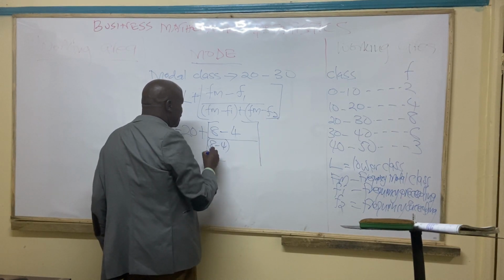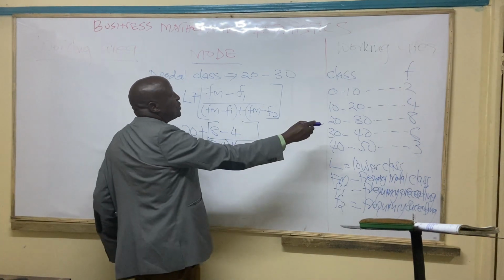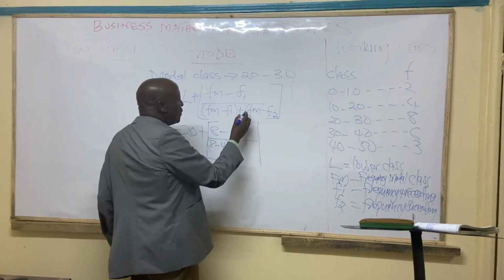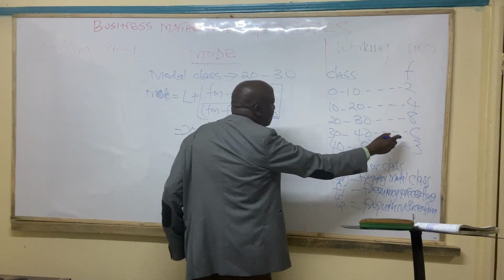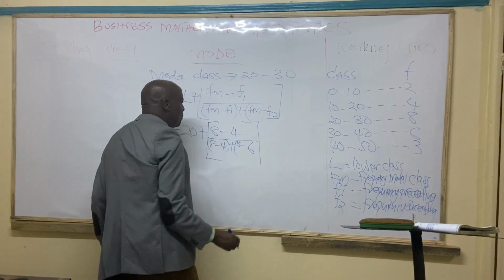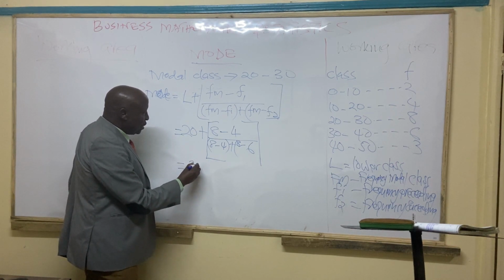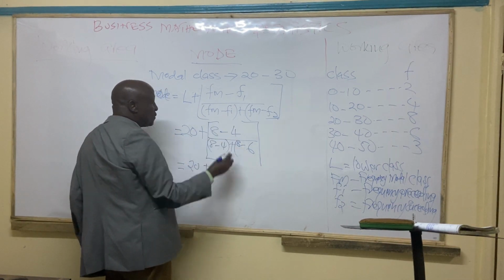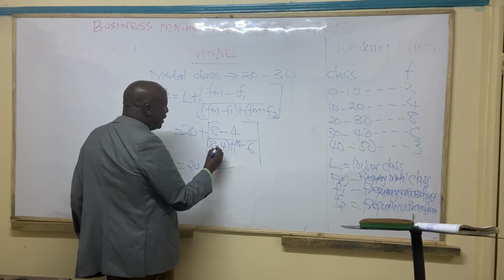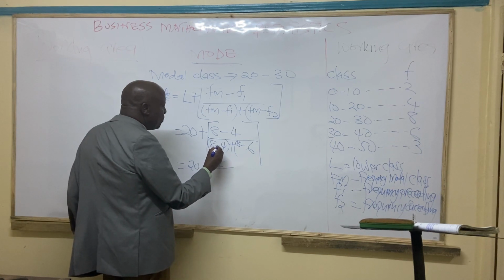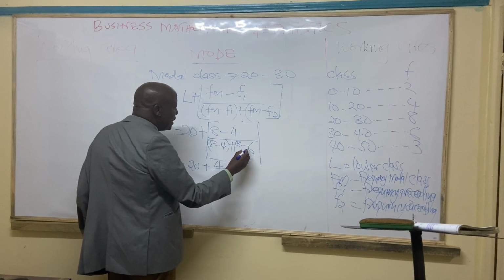Then we write our bracket here. Then we say frequency of the modal class is 8. So we say 8 minus the succeeding frequency, which is 6. So we say 20 plus 8 minus 4 is 4, and then over 8 minus 4 is 4, plus 8 minus 6 is 2.